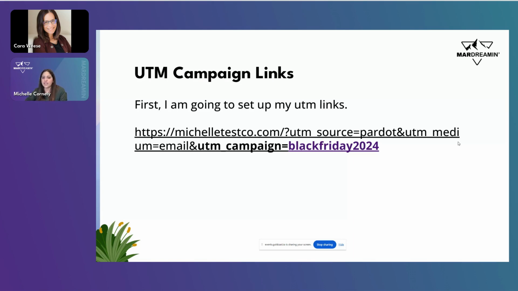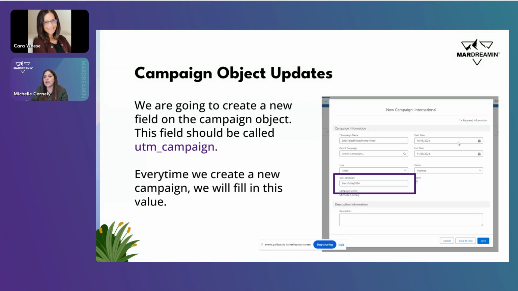If we're looking at our URL here, we can see I've used the UTM campaign Black Friday 2024. That is the campaign that we're going to use in our links. And we're going to make a slight change now. When I create my campaign in Salesforce, I'm going to add this extra field, and it's called UTM campaign.